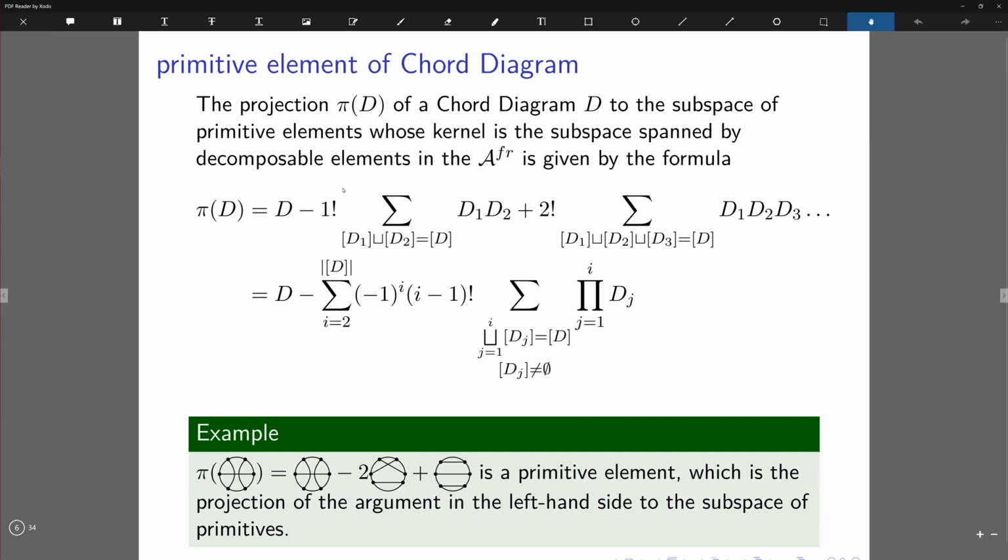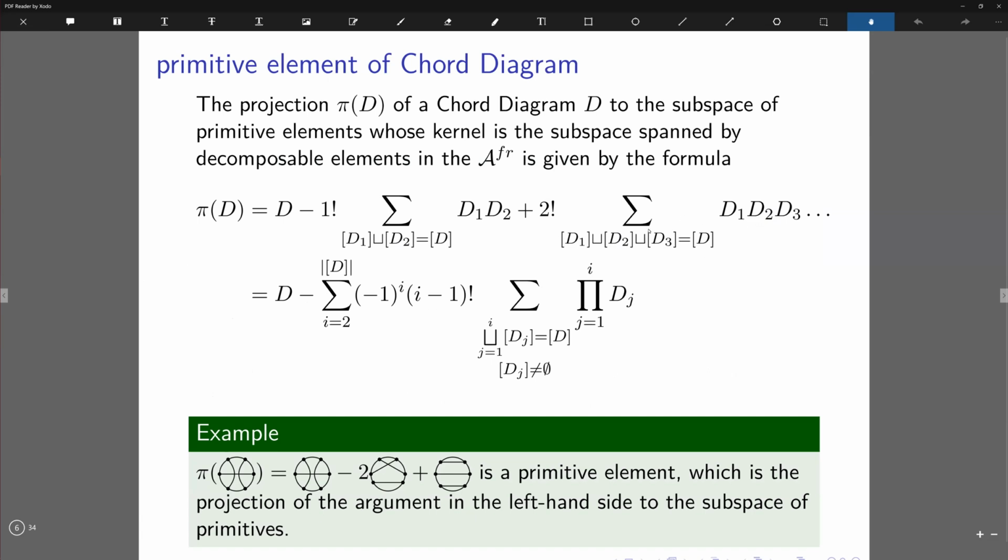And actually, I have a formula for the projection from the chord diagrams to the primitive elements. The projection of the chord diagram D is just D minus the sum over all possible ways to divide the chord diagram into two parts, D1 times D2, plus 2 factorial times the sum over all possible ways to divide the chord diagram D into 3 parts.